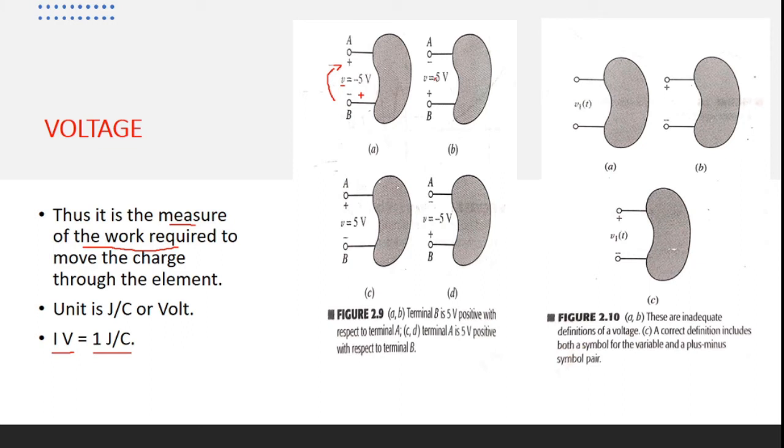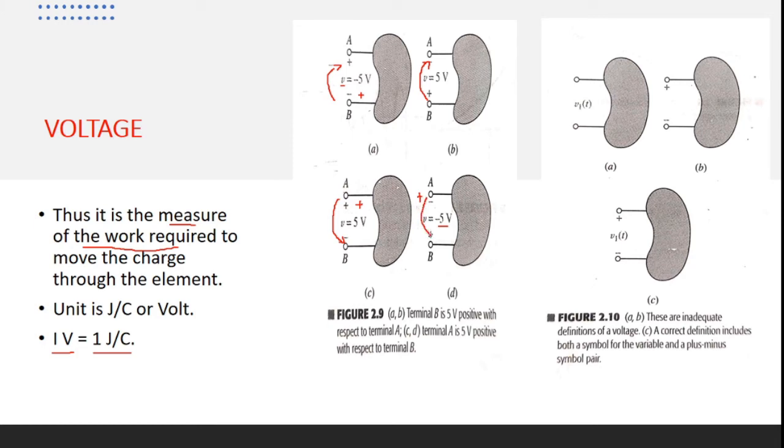Here again, 5 volt is positive and B is positive, so here too, B is positive by 5 volt with respect to terminal A. Now come to diagrams C and D. Here A is positive, B is negative, and the voltage is also positive, so plus into plus becomes positive. So A is positive by 5 volt with respect to terminal B. And again here, the voltage source is minus 5 volt and terminal A is a negative terminal, so minus of minus becomes positive.